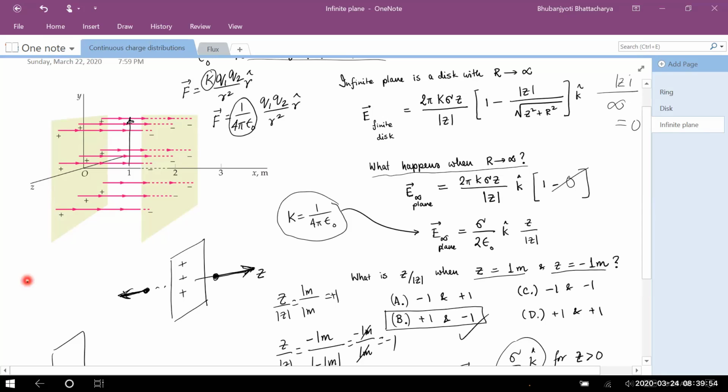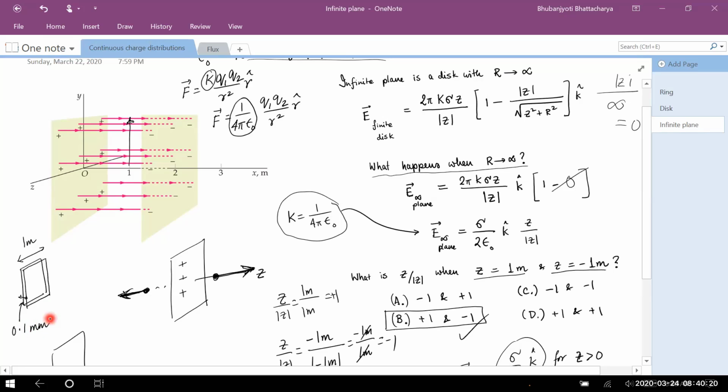What we could do is make the size of the plates much, much larger than the separation between them. So we can make a parallel plate capacitor look like this, where the sides of the plate are, let's say, 1 meter long, but the separation between the two plates is, let's say, 0.1 millimeter or something like that.